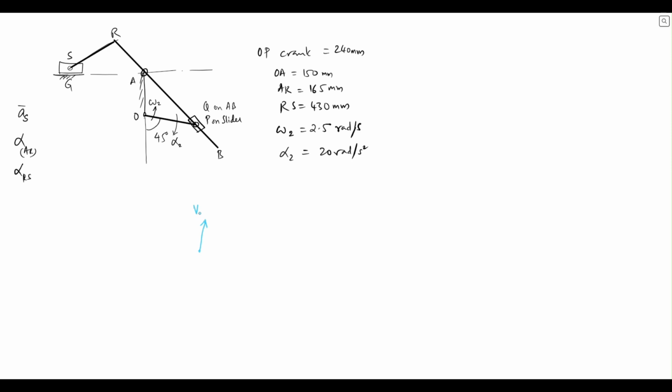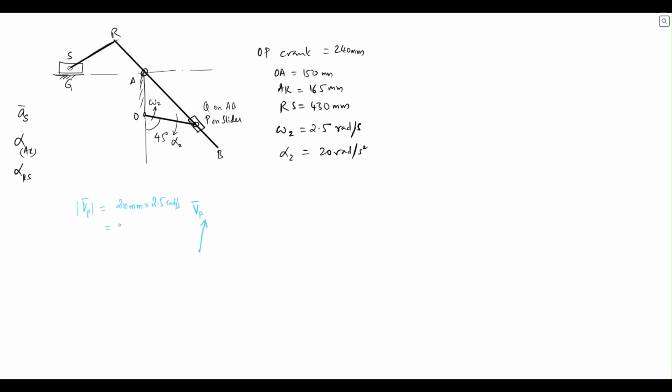This is V of point P, which is on the slider block. The point P on the slider block is also a point on OP, and OP is rotating at omega 2. So we know the VP magnitude will be equal to link OP, which is 240 millimeters, times omega, given as 2.5 radians per second.